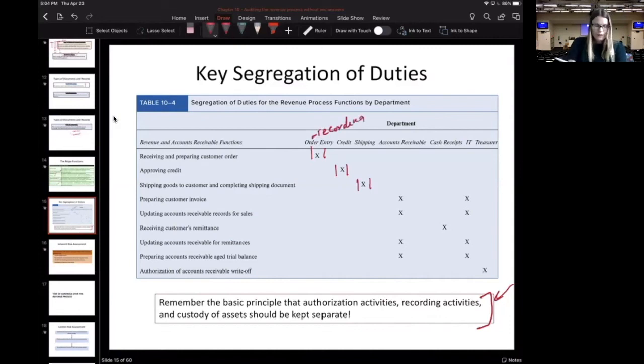The credit authorization process is authorization, right? And in the shipping part of the process, we actually have hands on the goods, so that's custody. So you can go through each of these across the top and see where all of these functions lie and why it makes sense that they're all separate from one another.